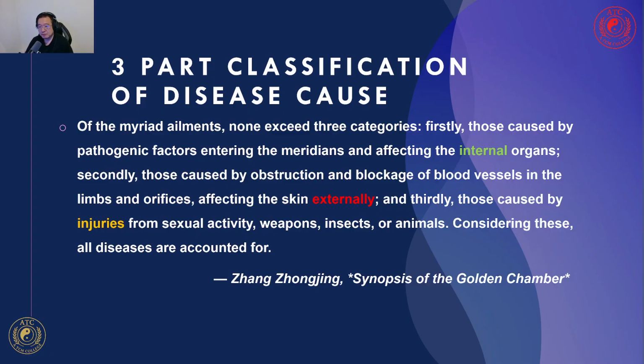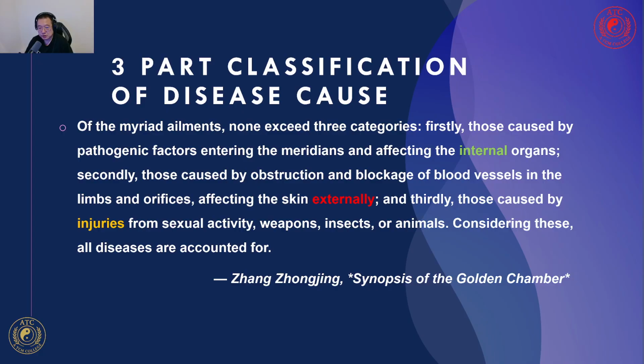Well, with the development of the classification of disease course, there is a famous three-part classification of disease course. It was produced by Zhang Zhongjing in his famous book, Synopsis of the Golden Chamber. He said, of the myriad ailments, none exceed three categories.